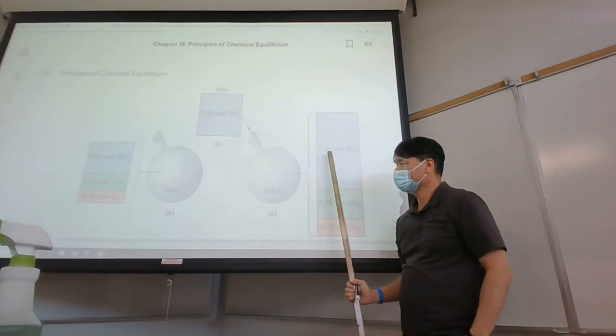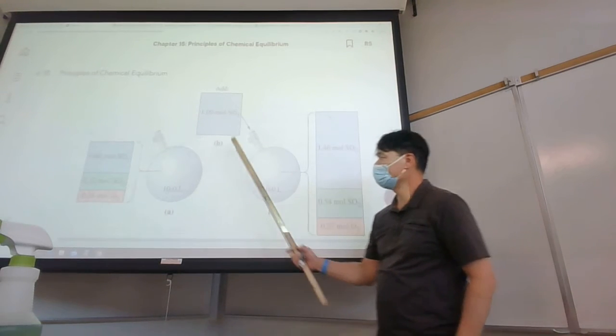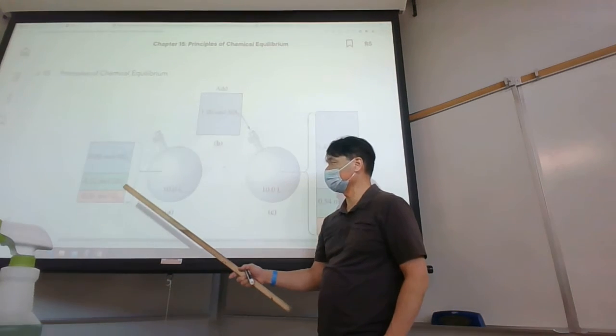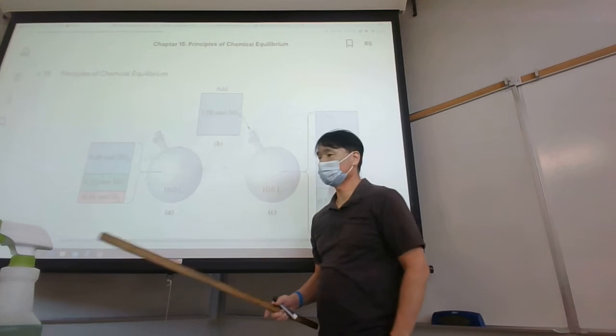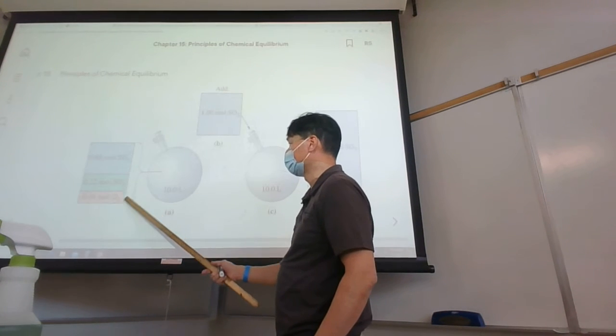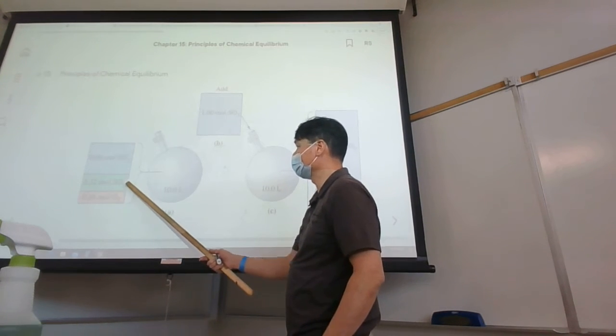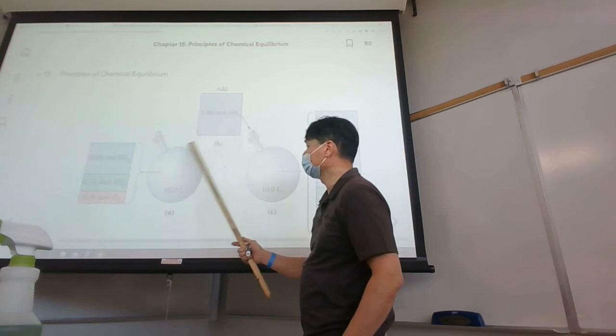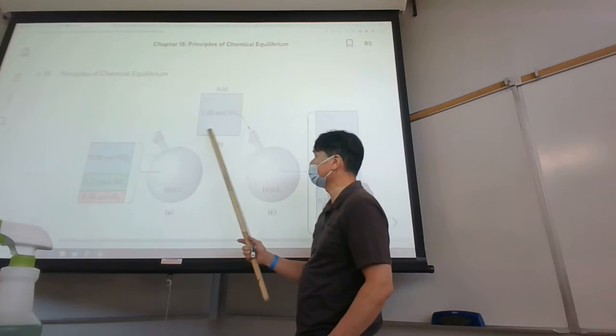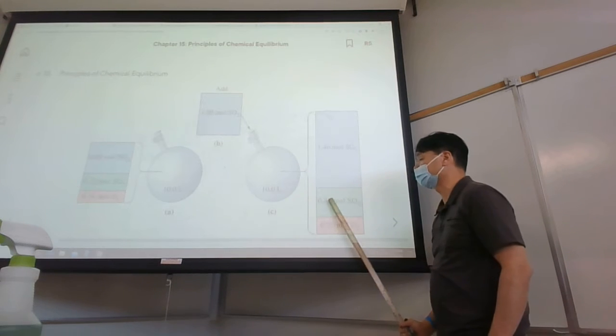Now, the SO3 is tricky because if we add more reactant, we're going to get a shift to form more product. If we add more product, we're going to get a shift to form more reactant. So we're adding more product, we're going to shift to form more reactant.